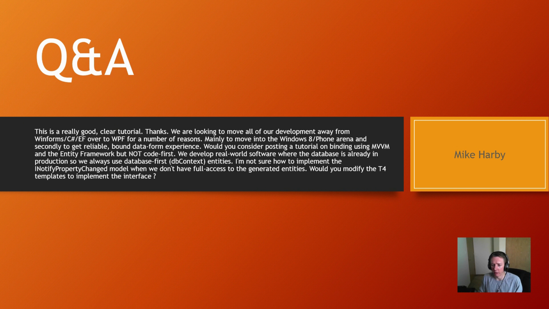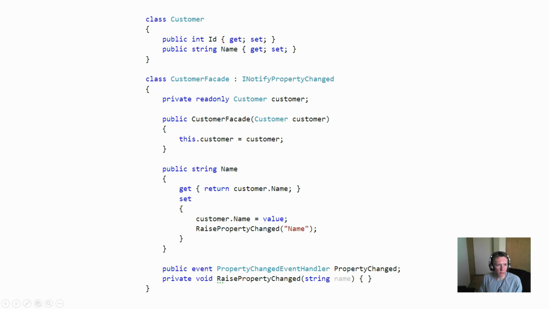So what you would do instead is you would create a facade. So let's, in this example, say I have a customer entity generated from a T4 template by the Entity Framework Design Database First Tools. I'm going to wrap that in a class called Customer Facade, and that is what will implement iNotify property changed.